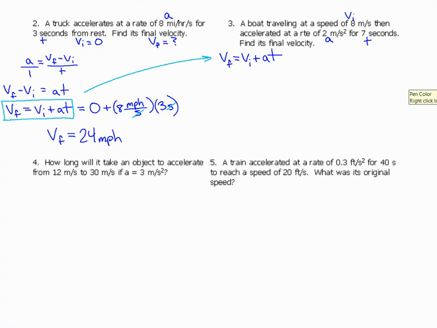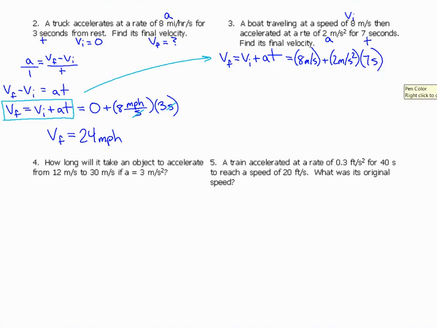So let's plug in the numbers. We have an initial velocity of 8 meters per second plus our acceleration, 2 meters per second squared, and our time of 7 seconds.